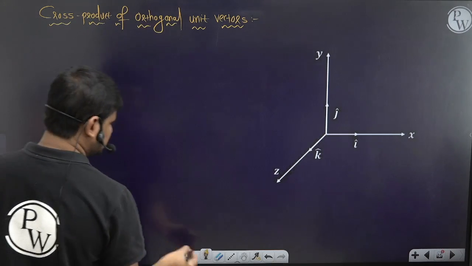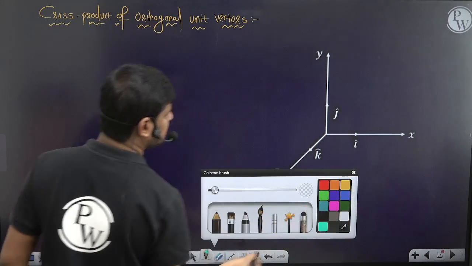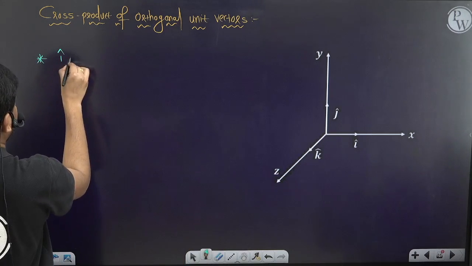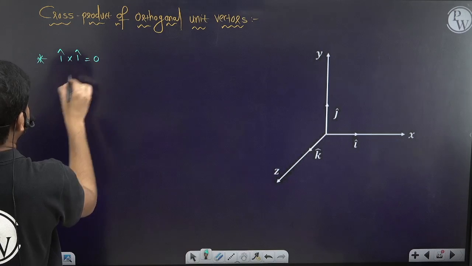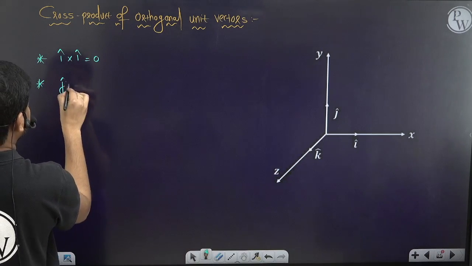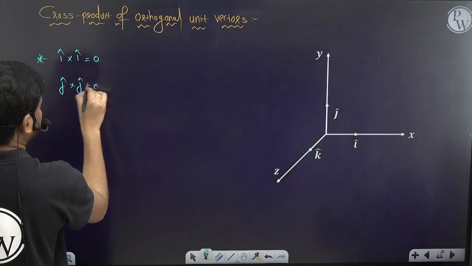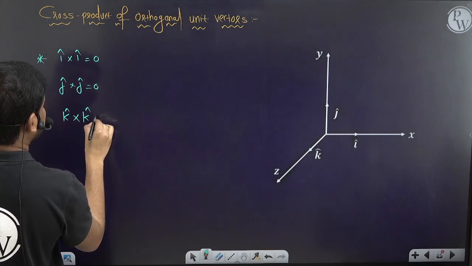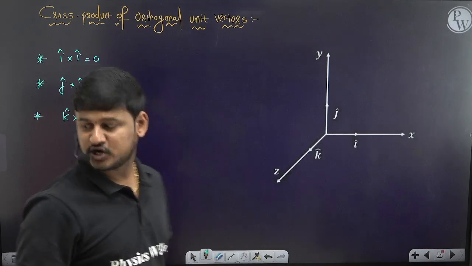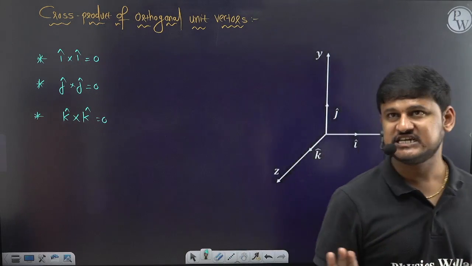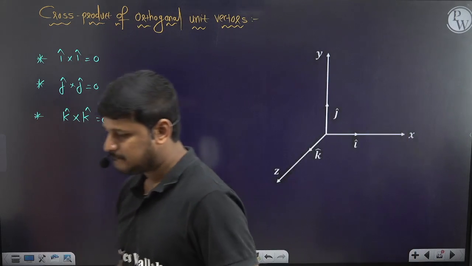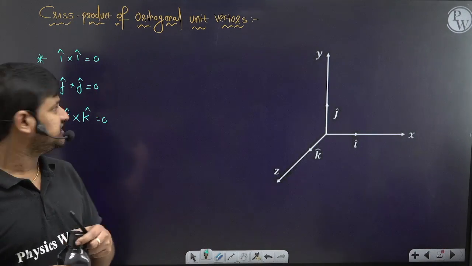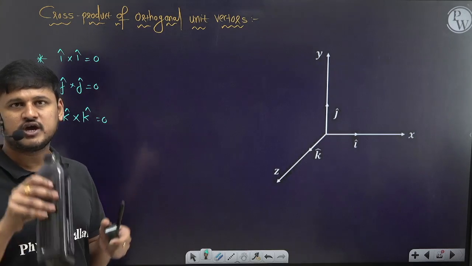See here, the first thing is, I cross I is 0, J cross J is 0 because sine 0 is 0, and K cross K is 0. Whereas in dot product, I dot I is 1, J dot J is 1, K dot K is 1. But in cross product, it's the reverse: I cross I 0, J cross J 0, K cross K 0.